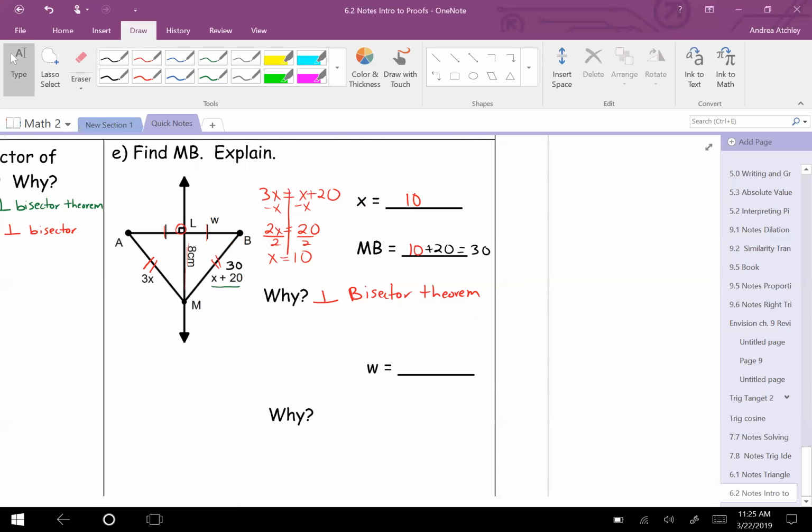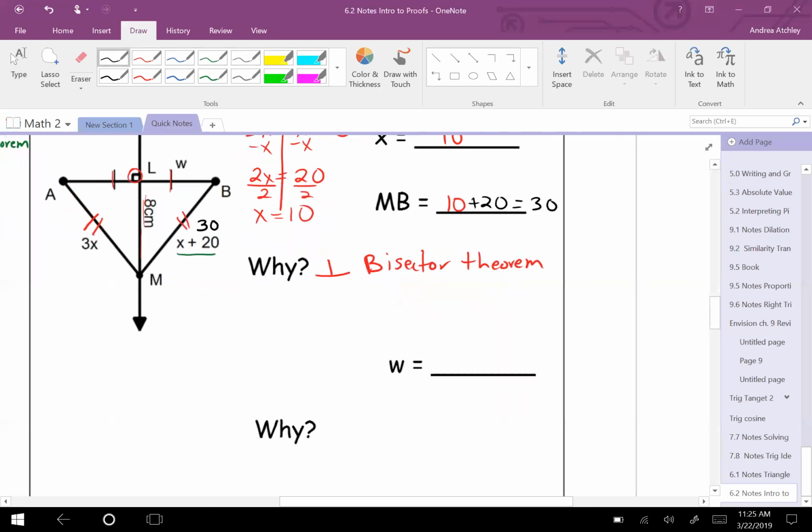Okay, now they want us to find W. Here's W. Any ideas how I'm going to find W? Pythagorean theorem, right? I should know that this is a right triangle, and I have the hypotenuse, and I have one of the legs. So to find the missing leg, I'm going to use the Pythagorean theorem.